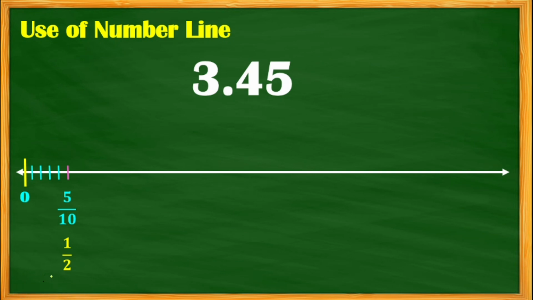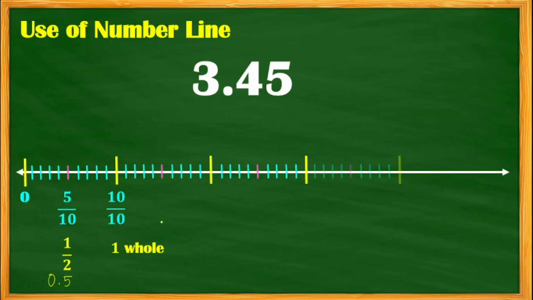We have equivalent value of 5 tenths. So 6 tenths, 7 tenths, 8 tenths, 9 tenths, and 10 tenths is 1 whole. Very good because we have 10 divided by 10 is 1.